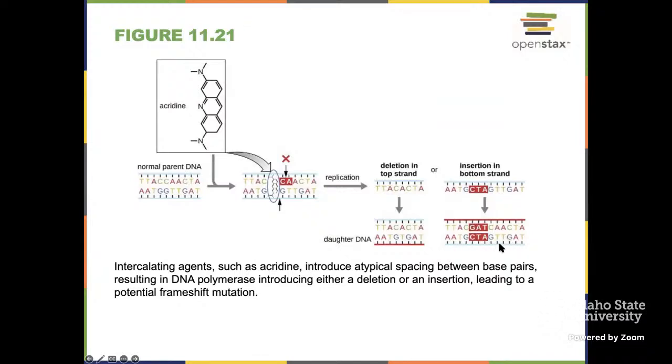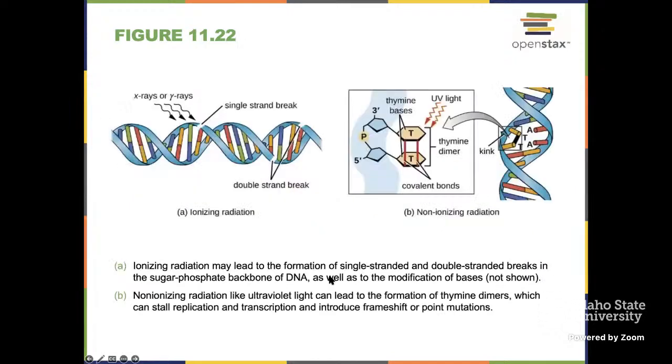And you wind up with differences. This is a frame shift mutation as we act as if this dye, this intercalating agent, is serving as a nucleotide, but it's not. So that has the possibility of causing some frame shift mutations, and everything downstream from that's a big problem. We can also think about radiation, X-rays and gamma rays.